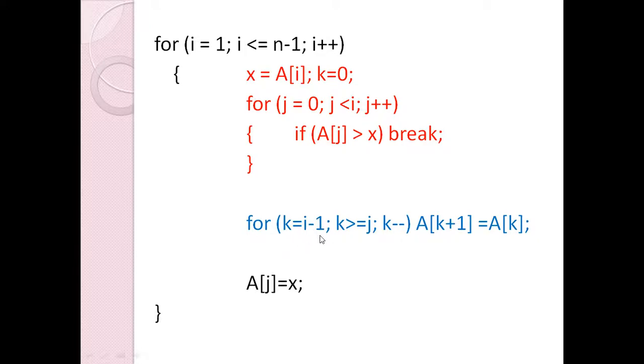So k equals i minus 1, while k is greater than or equal to j, we keep shifting with k minus minus, and a[k plus 1] equals a[k]. When this loop is over, all the elements are shifted, and the jth position is vacated. So I assign a[j] equals x. In this manner, you can implement insertion sort.